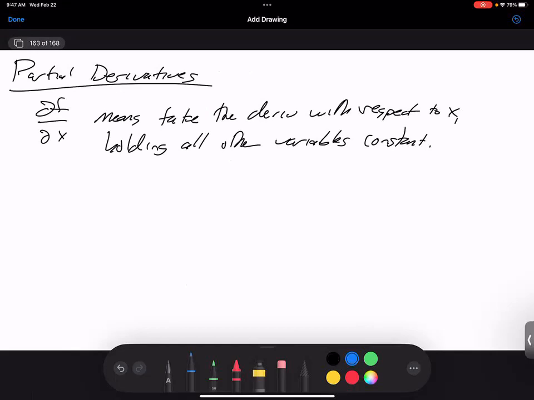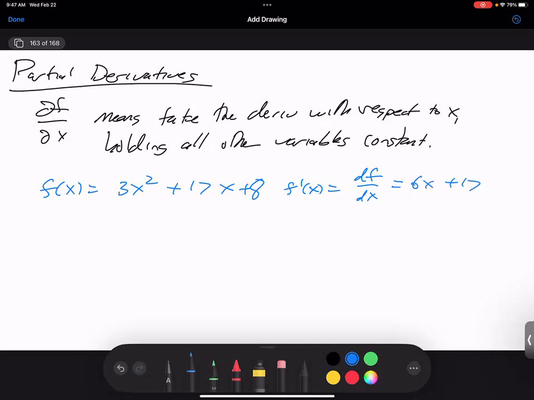So if I give you, say, f of x is 3x squared plus 17x plus 8, what's f prime of x, which we're going to write in a better notation, df dx? What would df dx be? 6x plus 17.